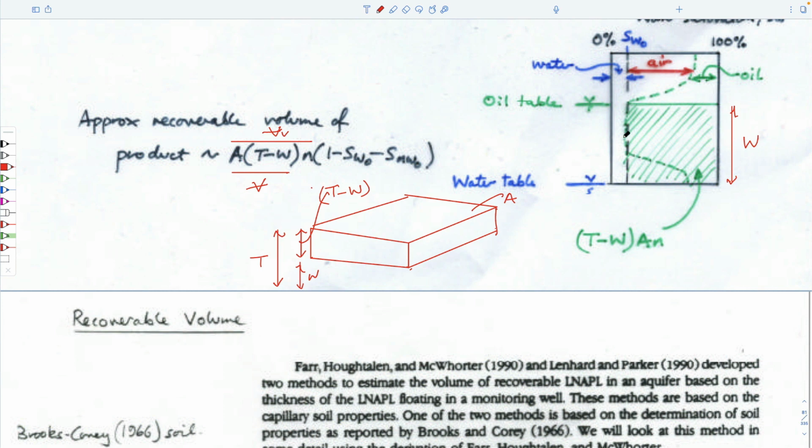How much water is in the system? In other words, this amount here. And SW air. So this is SW0. Is this?